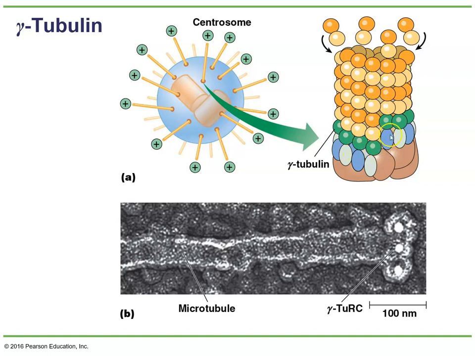They create the negative end and help to generate the positive end and the growth away from this organizing center. So if we take out gamma tubulin, it prevents a cell from nucleating microtubules, and then we can't have that organized structure of the cell.